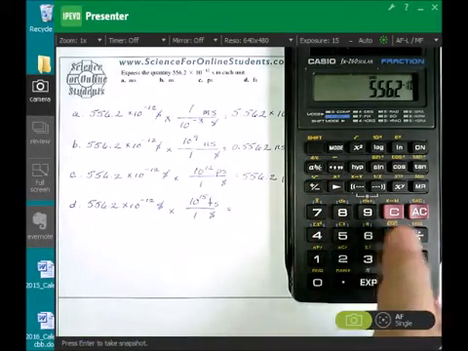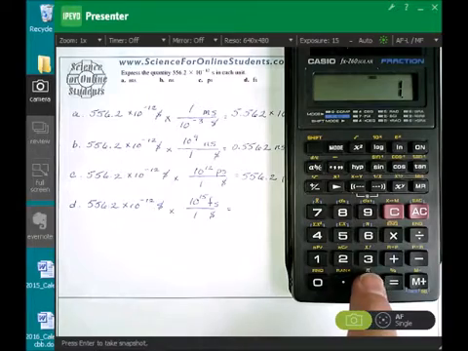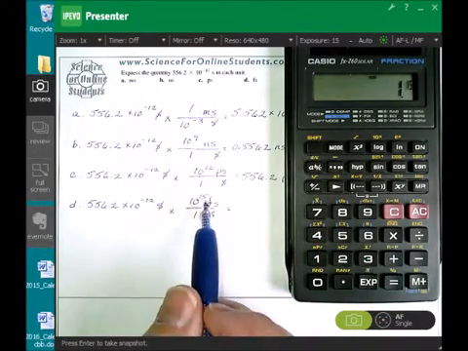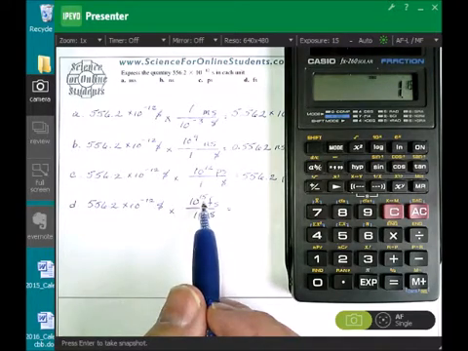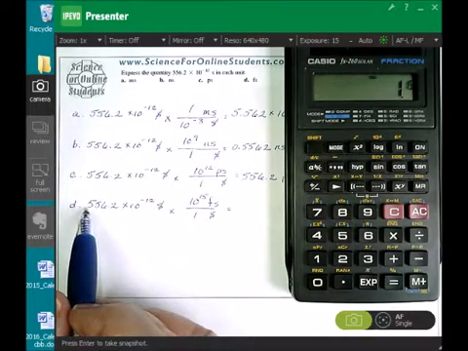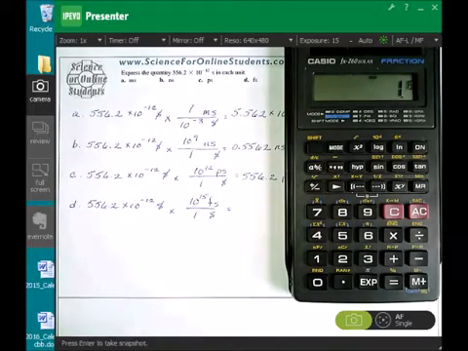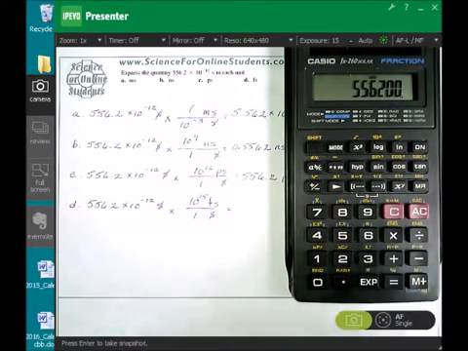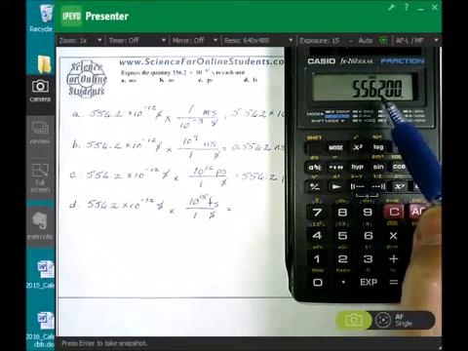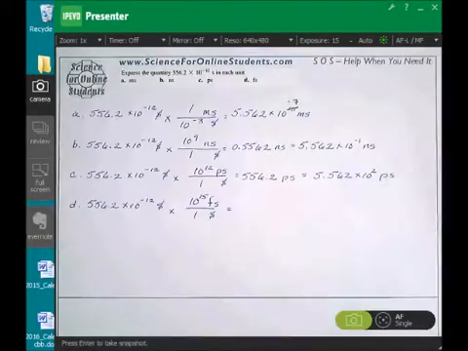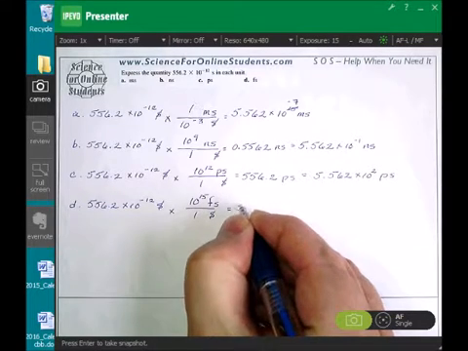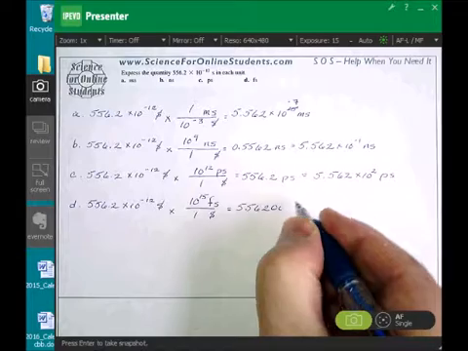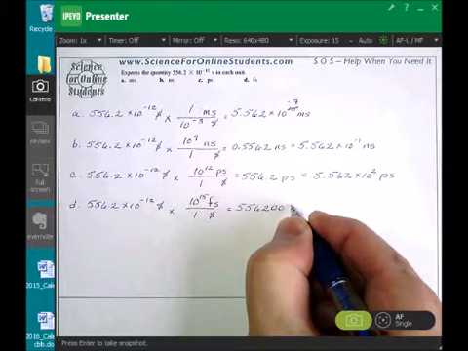Multiply by 1 times 10 to the 15. Now we're going to get here, it's going to be 10 to the 3, and then we will have over here 2 more, so I'm going to get 10 to the 5th. And what we have is 556,200 femtoseconds.